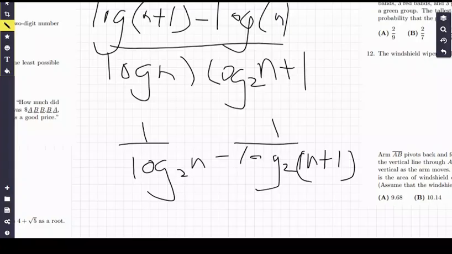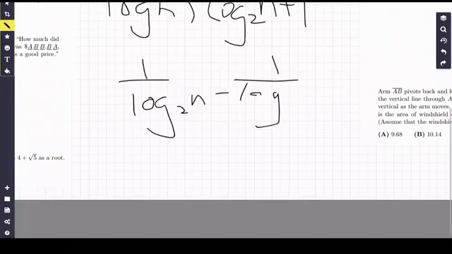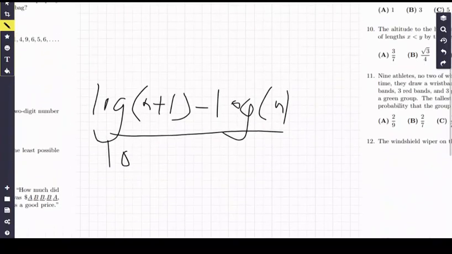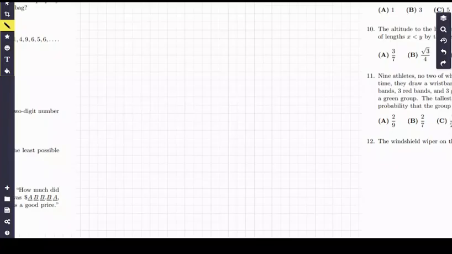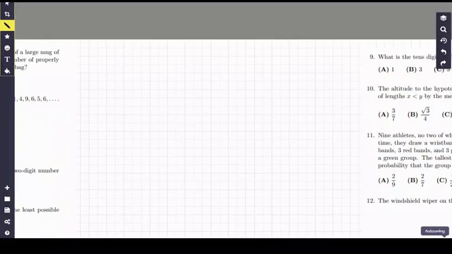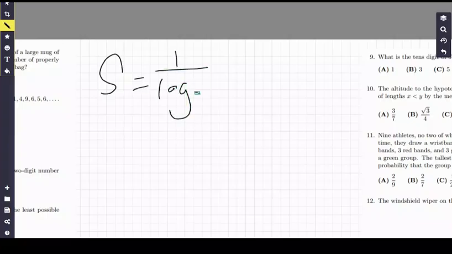I'll write it out just so you guys can visualize it a little bit better. A lot of you are visual learners. The sum is 1 over log 2 to the base 2 minus 1 over log 3 to the base 2. Then I group this.